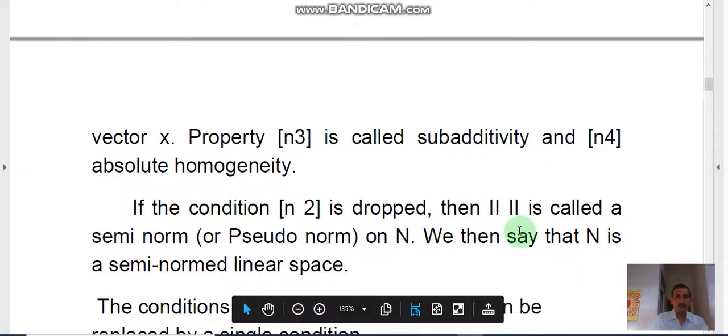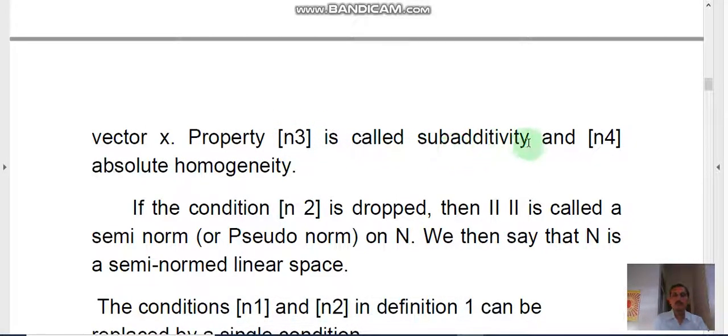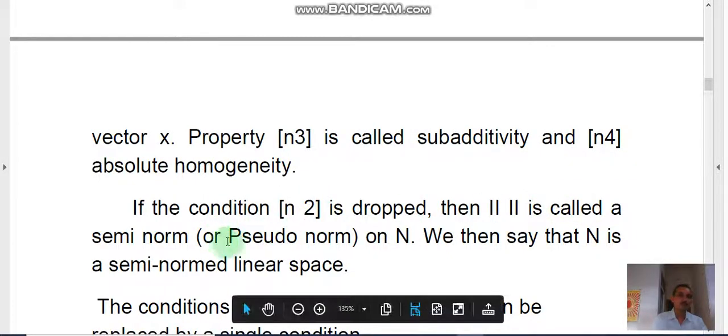Some particular cases: the property N3 is also called subadditivity, and condition N4 is also known as absolute homogeneity. In these four conditions, if the condition N2 is dropped, then this type of norm is called a semi-norm or pseudo-norm on N, and we then say that N is a semi-normed linear space.